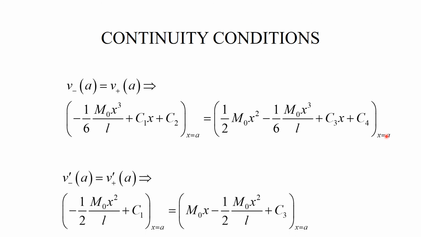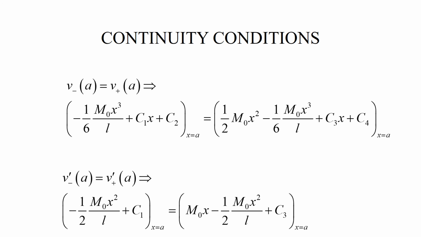And finally, the fourth equation. I take the derivative of v minus, which is this. Evaluate at x equal to A. And equate it to the derivative of v plus at x equal to A. The bottom line is I wrote down 4 equations for 4 unknowns, C1, C2, C3, C4.